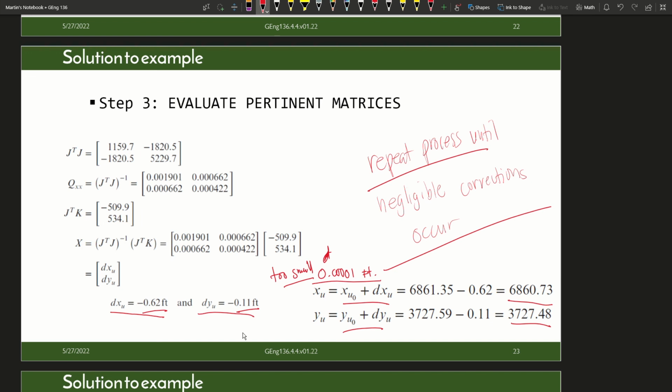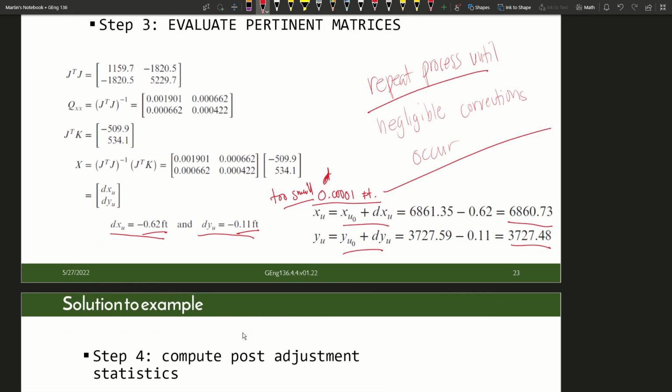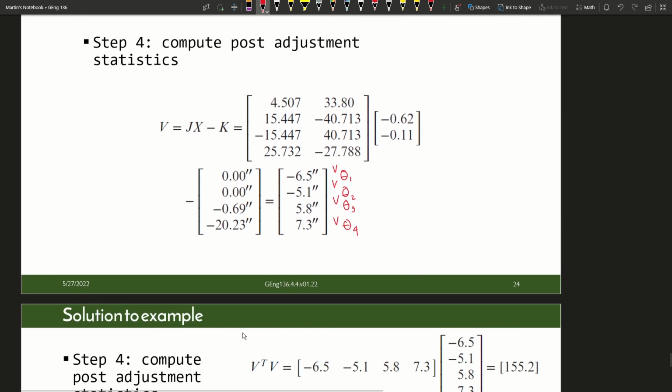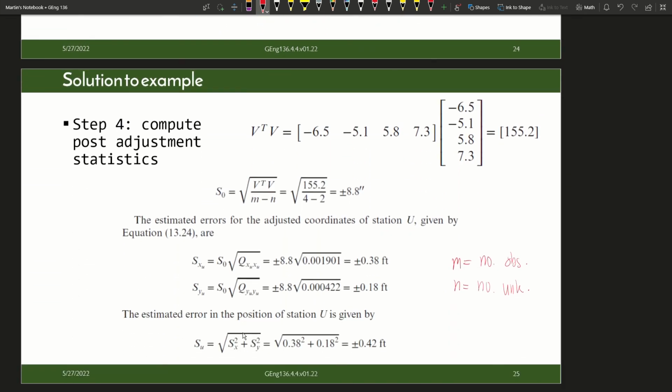Then after that, compute the post-adjustment statistics. Okay, like this one. Then this is your statistics for, let's say, angle 1, angle 2, angle 3, and angle 4. So V, V, V, V. So those are the residuals. Then also compute the reference standard deviation.